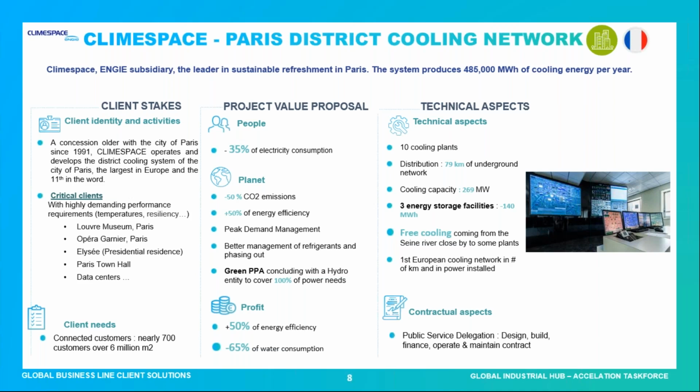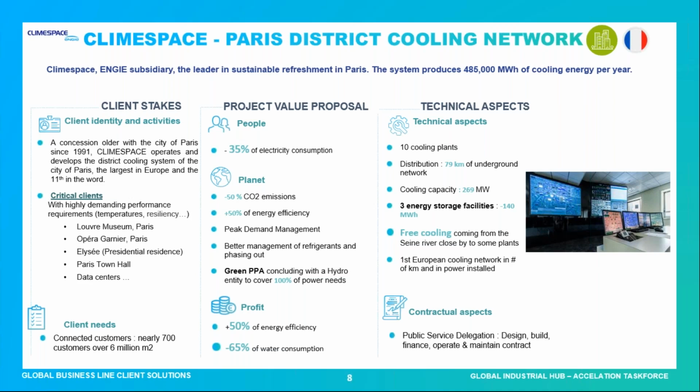The specificity of that cooling system is that we are benefiting from the free cooling coming from the Seine River within Paris, since 3 of the power plants are connected to the Seine River in order to chill and feed the network, and to chill the condensation of the chillers when the temperature of the Seine River is a little bit higher.